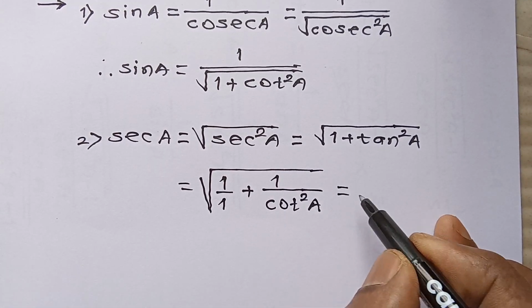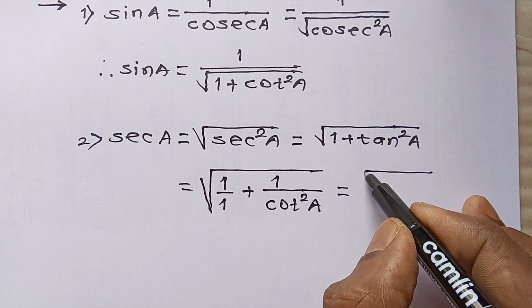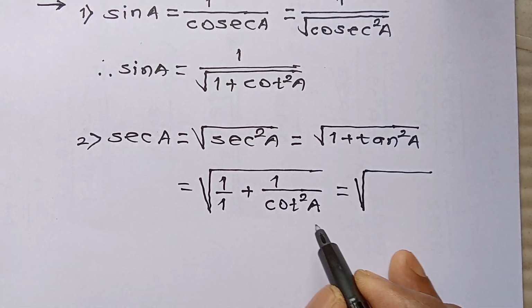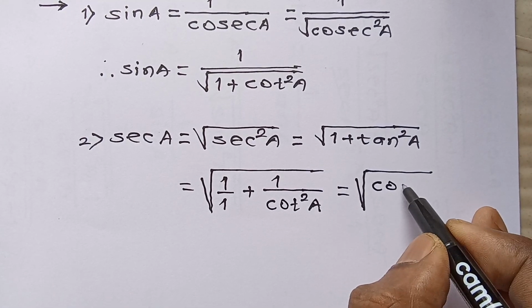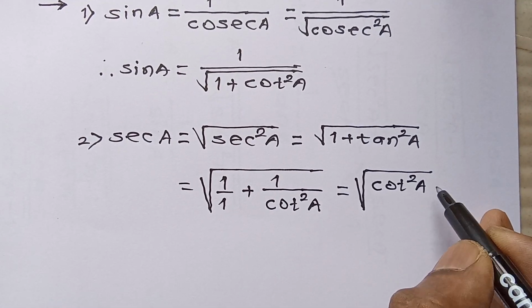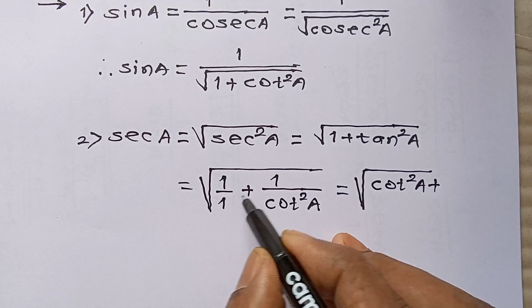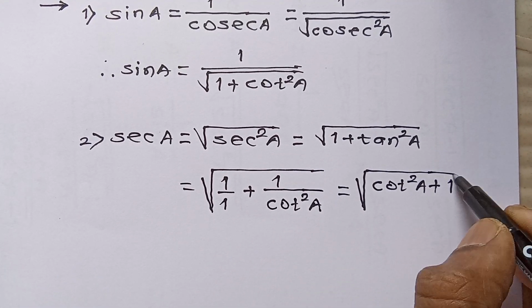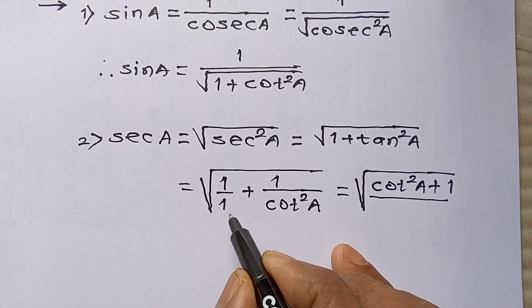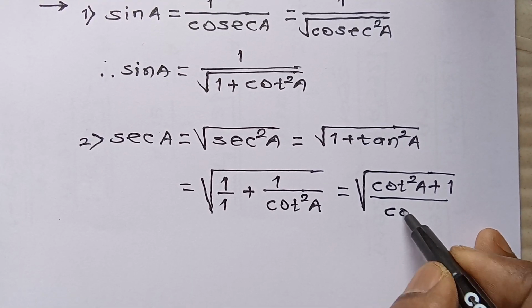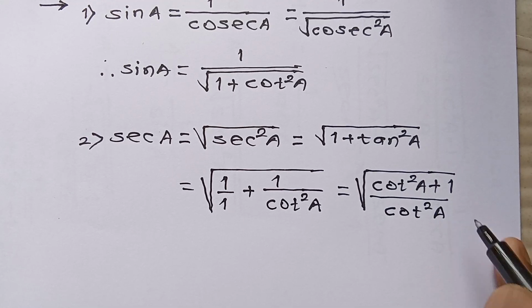Now again we do here cross multiplication, 1 into cot square A, means cot square A, plus 1 into 1, here plus sign, upon 1 into cot square A, means cot square A.